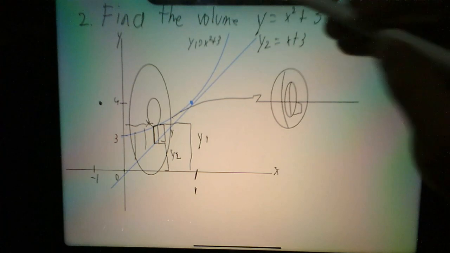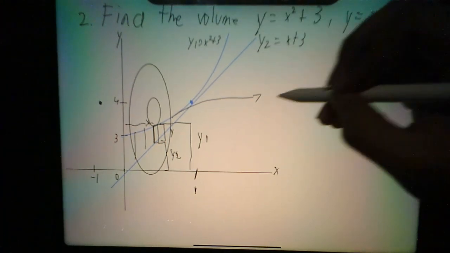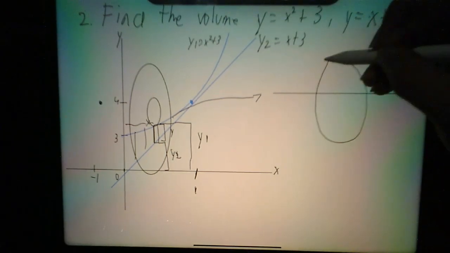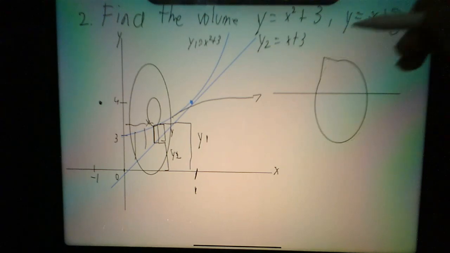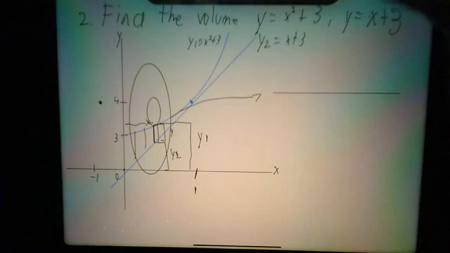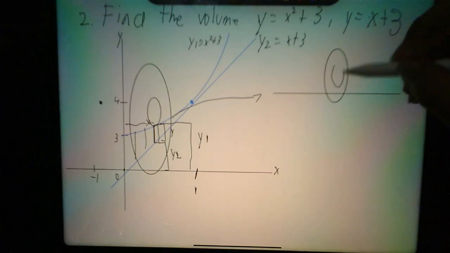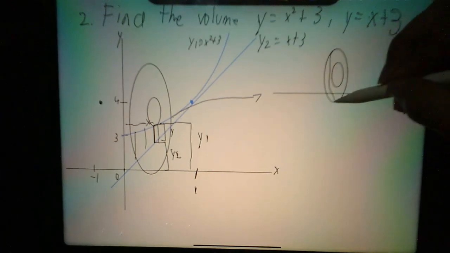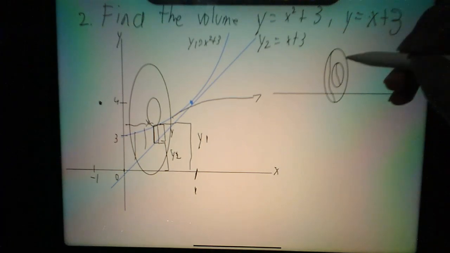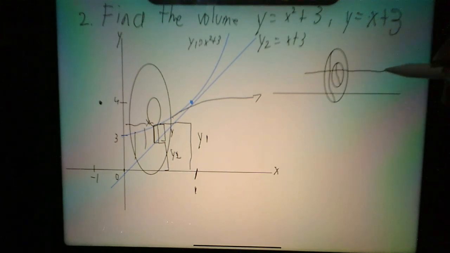Oh no, let's erase that first and let's make the line here. And this is our area. So from this part, sorry, area of rotation again.